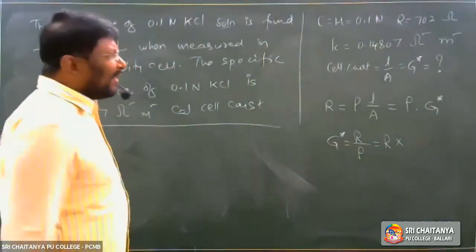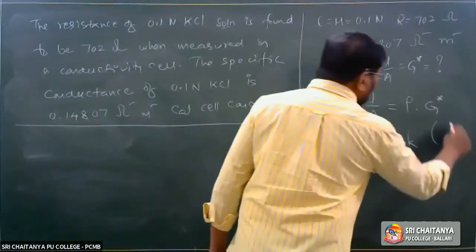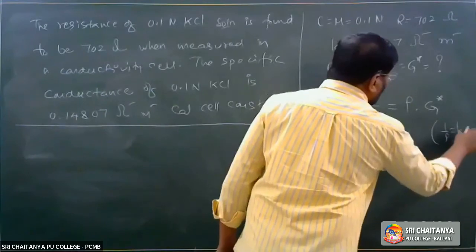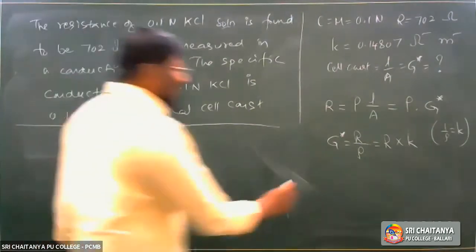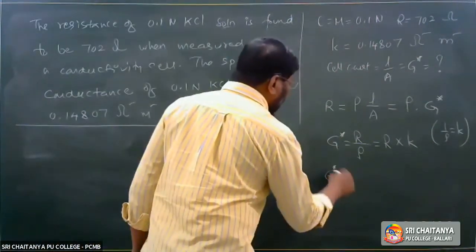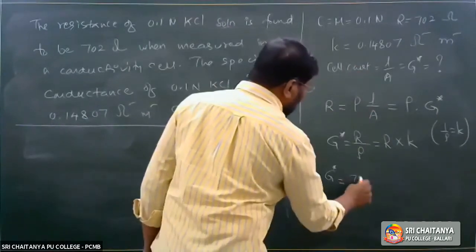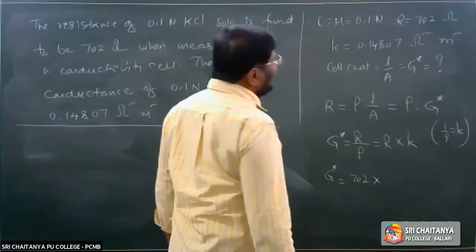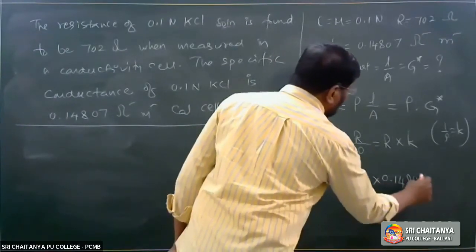1 by rho. What is 1 by rho? K. Is it not? 1 by rho is equal to K. The reciprocal of resistivity is nothing but conductivity. So therefore, G star is equal to, substitute the values, R value directly 702 into K, 0.14807.